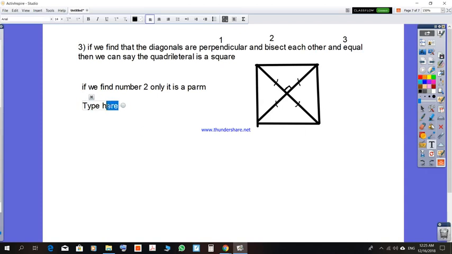If we find number 1 and 2 together, it is a rhombus.